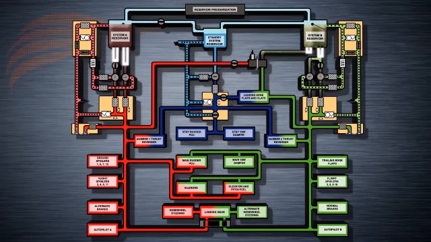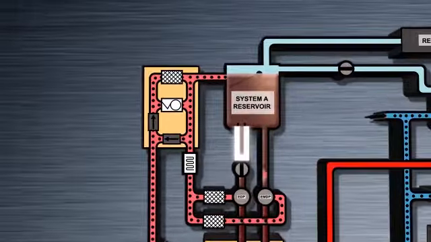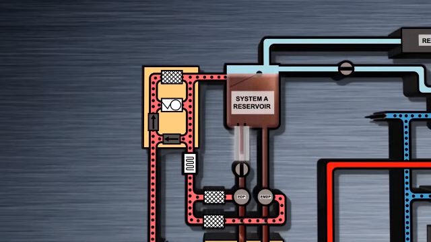There is a crucial difference, however, between the two reservoirs that affects how vulnerable each system is to a hydraulic leak. The system A reservoir standpipe feeds the engine-driven pump, and the port at the bottom of the reservoir feeds the electric pump. If a leak develops in the system A engine-driven pump or its related lines, the reservoir will only drain as far as the top of the standpipe.